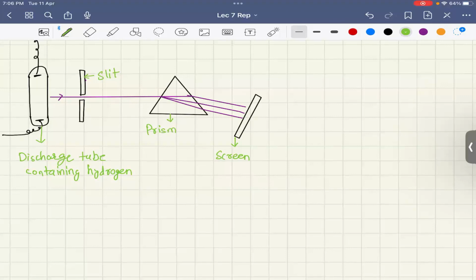The spectrum which we obtain is called the emission spectra, and the nature of this emission spectra is like this, wherein we have these lines.